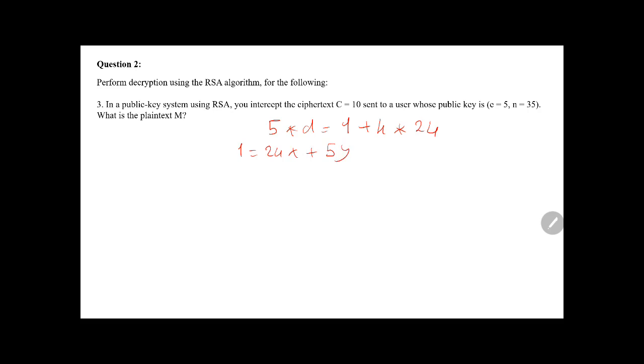So let's start doing our Euclidean algorithm. So we start by getting the larger value here. It's 24 equal to 5, open brackets and the plus sign here. So 24 divided by 5 is equal to 4. 24 modulus 5 is equal to 4.